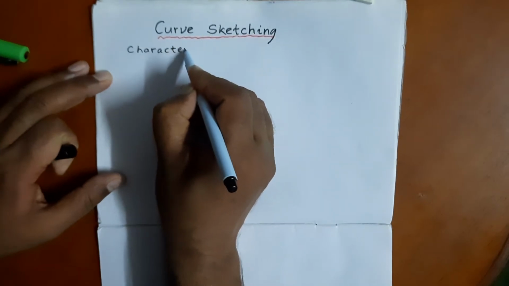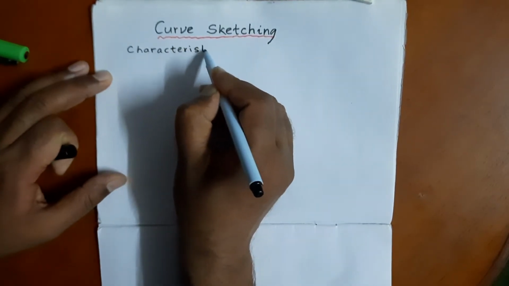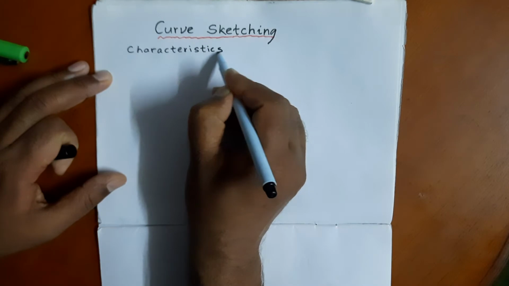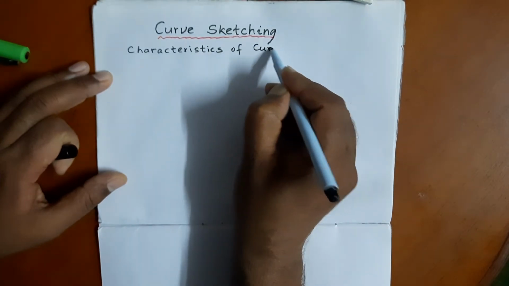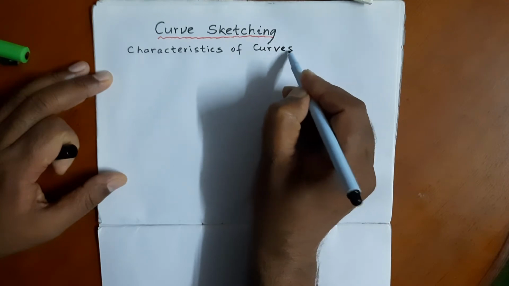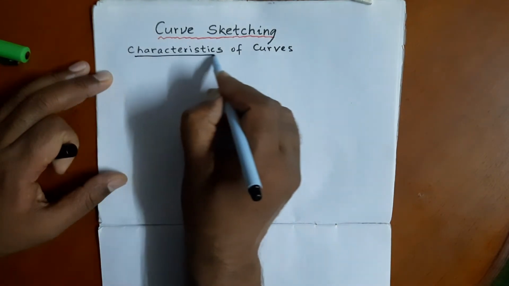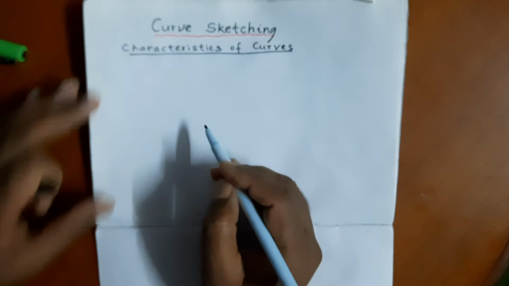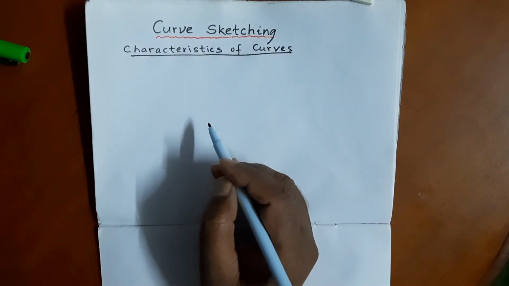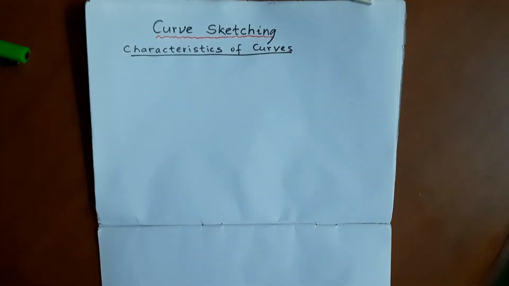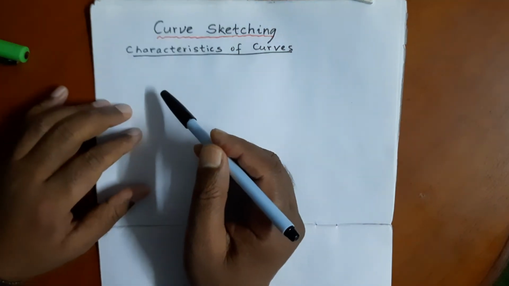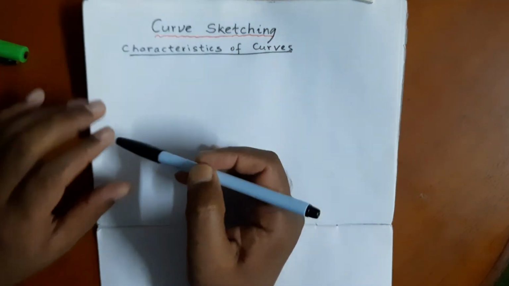Characteristics of curves. Before we start plotting the curve, we need to know whether it passes through the origin or not.